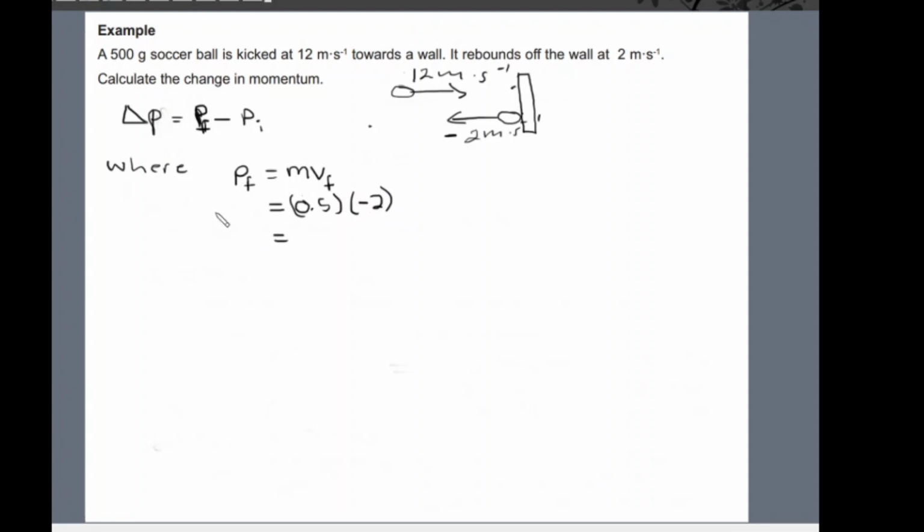So this is negative 1 kilograms meters per second, or it's 1 kilograms meters per second away from the wall, right? And then the initial momentum is the mass of the ball times the initial velocity.